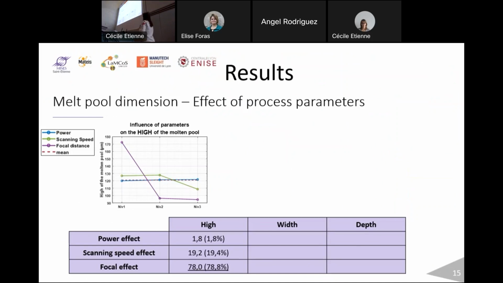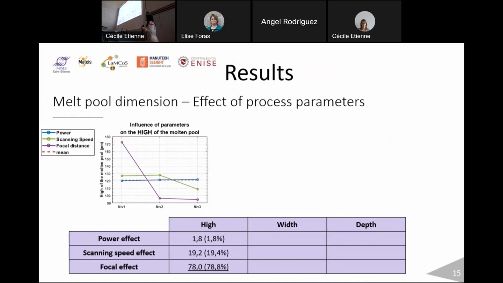For this point, for example, I took all the samples with level 1 of focal distance, which is -5, and took the mean. The same for -7 millimeters of focal and here -8 millimeters.